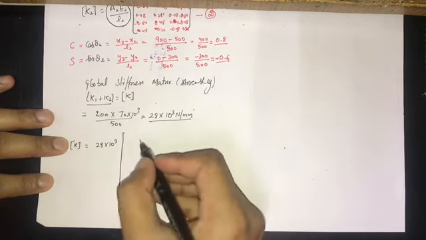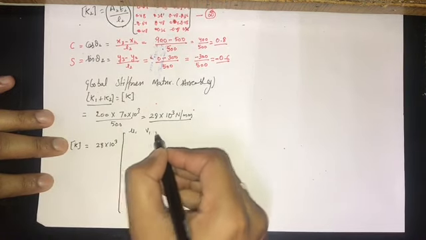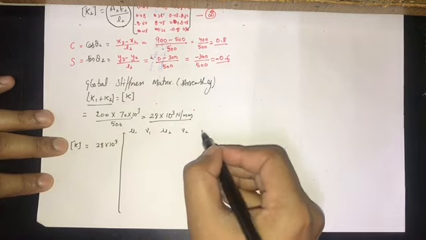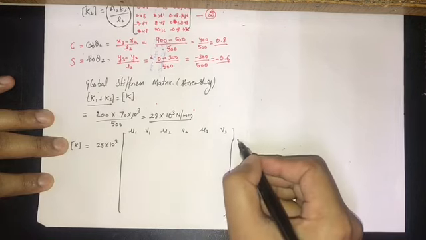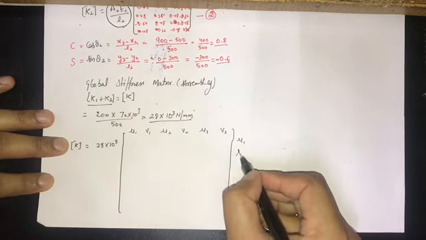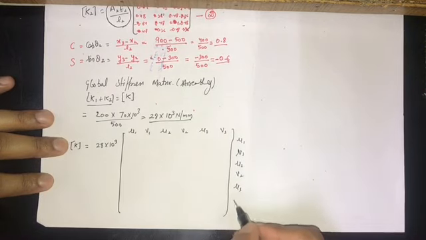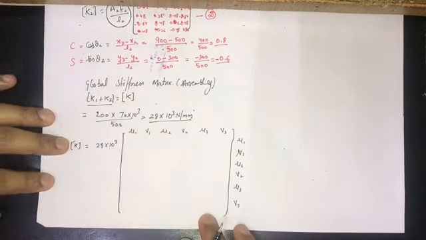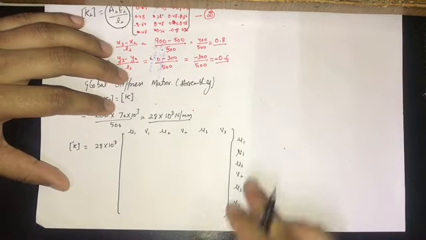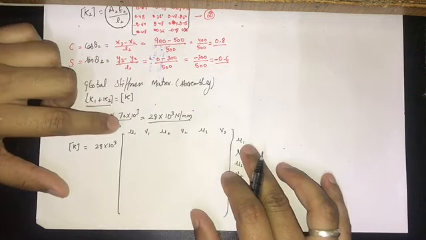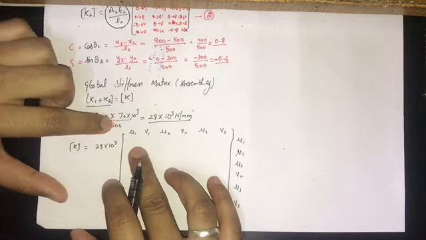Now K is equal to 28 into 10 power 3, and here we have 3 nodes. So the matrix is 6 by 6, with columns U1, V1, U2, V2, U3, V3. Similarly in the rows it is U1, V1, U2, V2, U3, V3. After that we add the values. Suppose U1 here in the row and here in the column. What value do we calculate?